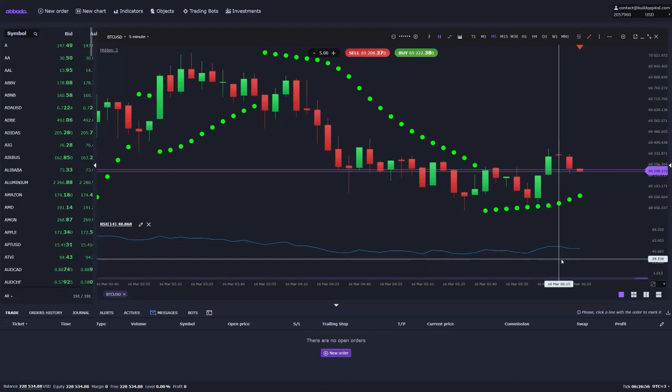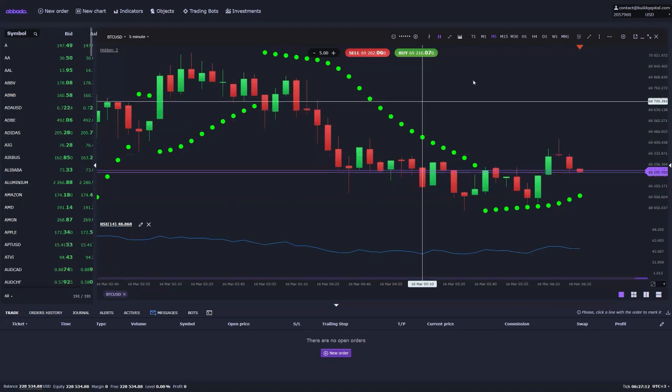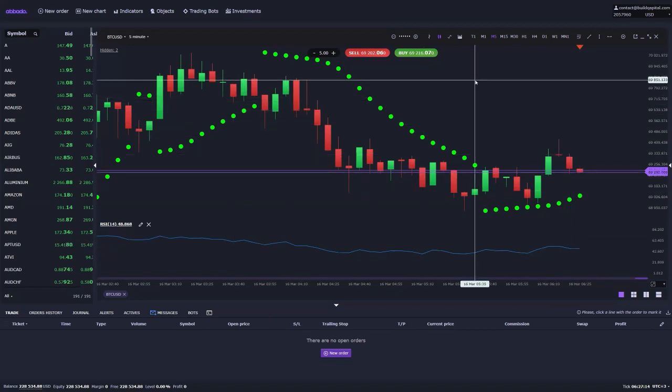The bottom level of RSI is the 30 level. Once we get close to the 30 level or we cross it, that means the market has been oversold, which means too much selling has happened, and we'd be looking for a reversal upwards. So these are the confirmations that we use in our trading strategy.